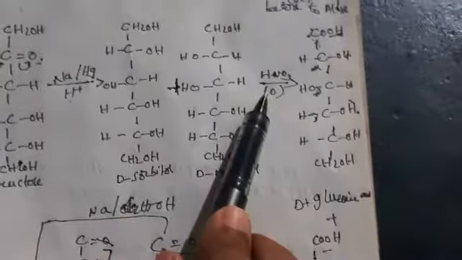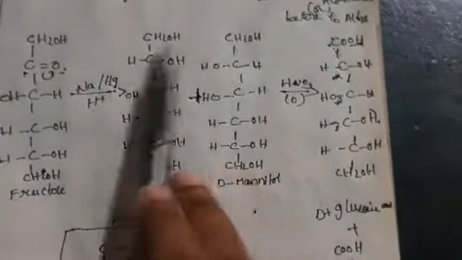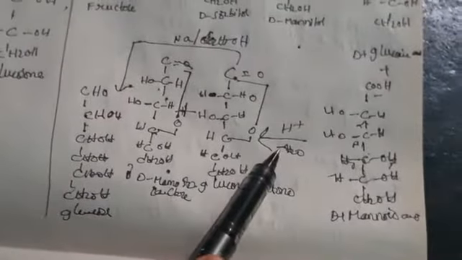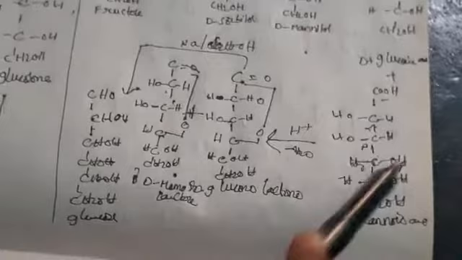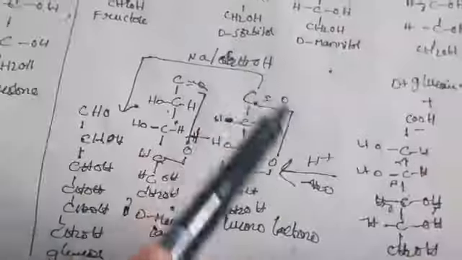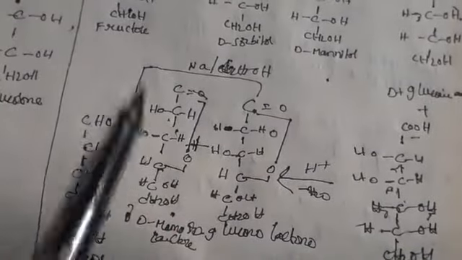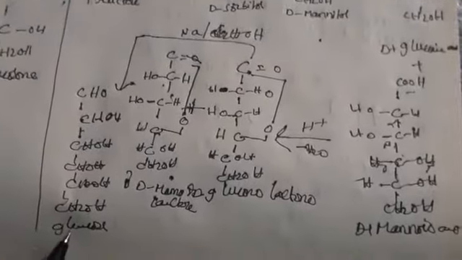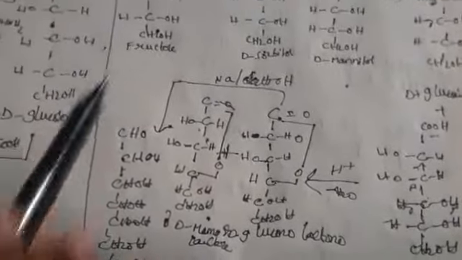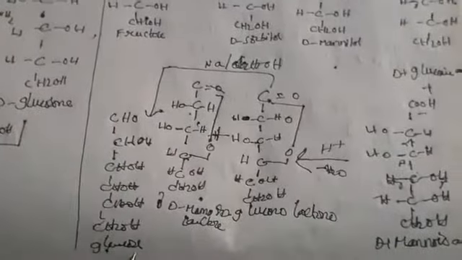If you do oxidation, these primary alcohols are oxidized into acids, gluconic acid and mannonic acid. Then with H plus we remove a water molecule and get lactones. When we do reduction again, we form the original molecules, glucose and mannose. So what we actually want, fructose to mannose and fructose to glucose, we have got here.